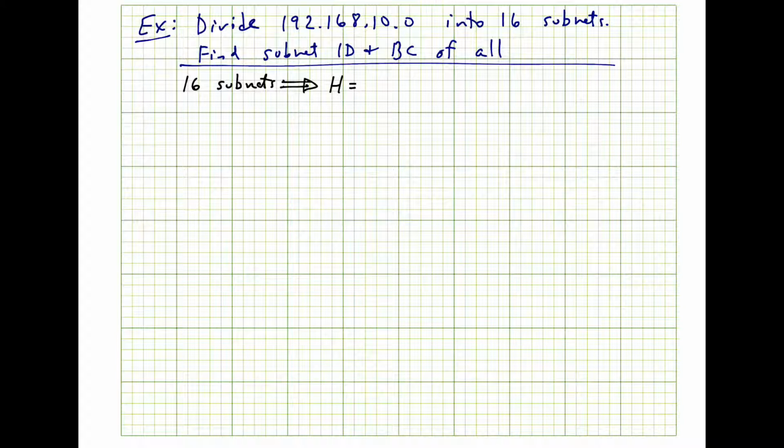We're counting the number of subnets, and that's given by 2 to the S. It's very easy to use the wrong one. It means that S is 4 since 16 is equal to 2 to the S, which is 2 to the 4th, the number of subs. And that implies, therefore, that H is also 4.